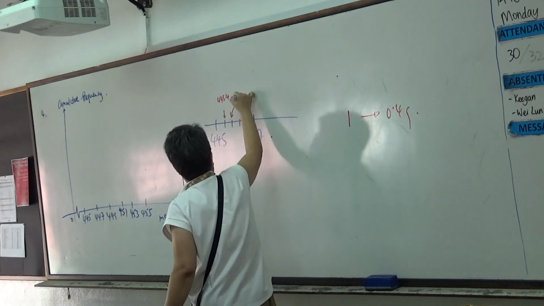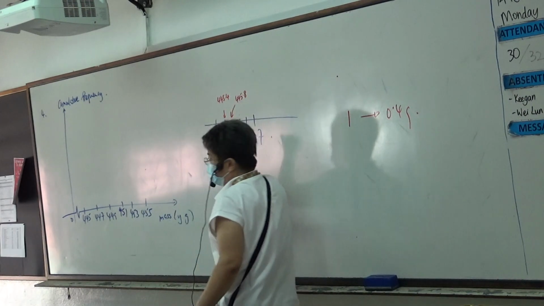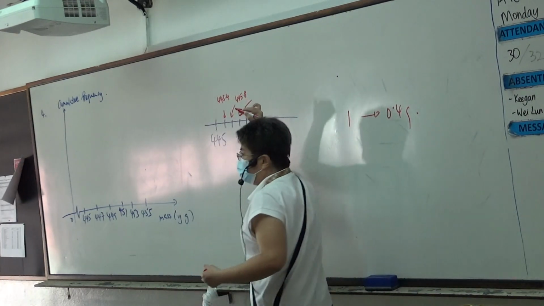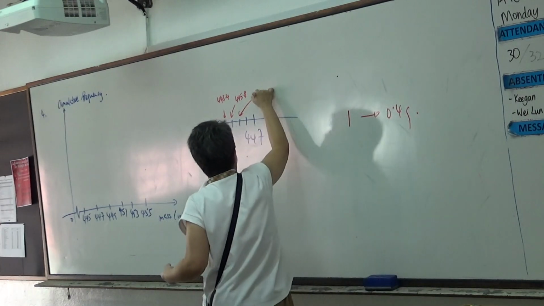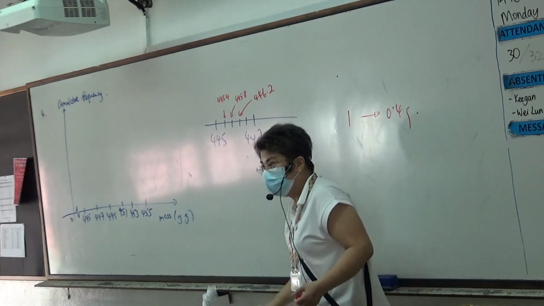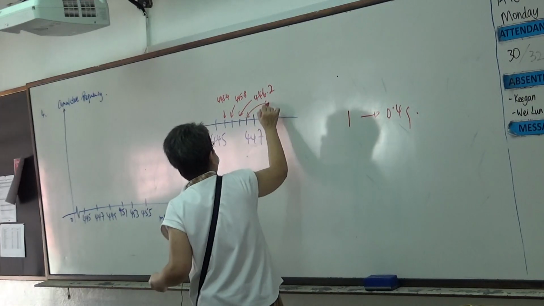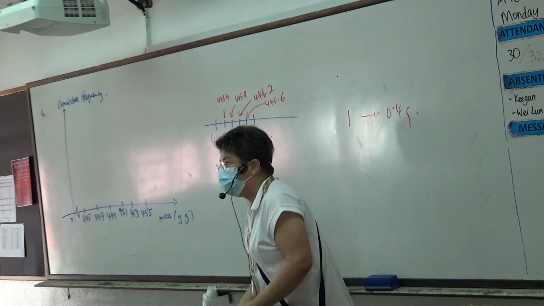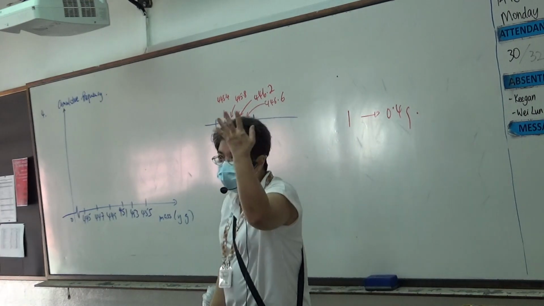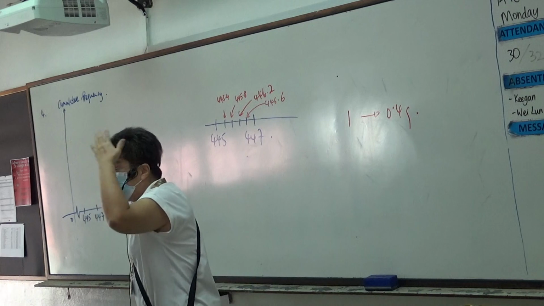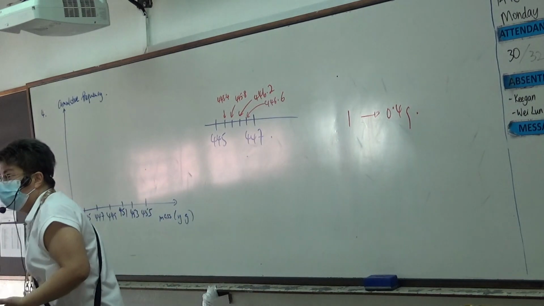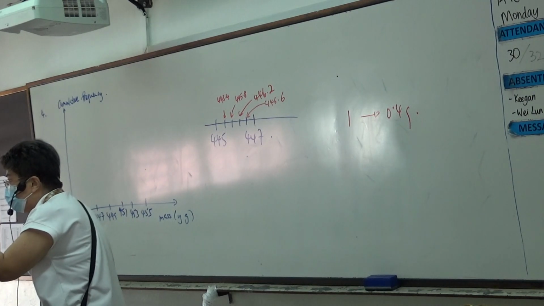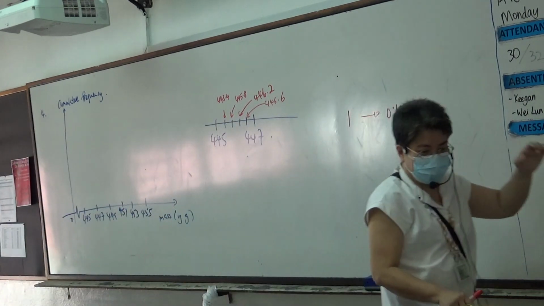What is this one? 0.8 now. I'm very scared you don't know it, so I must write down everything. 446.2, right? Then what is this one? 446.6. Then 447, right? Don't every time not know how to read and the teacher must read for you. Can you see that one small square is 0.4? Very good. Come, let's answer the question now.